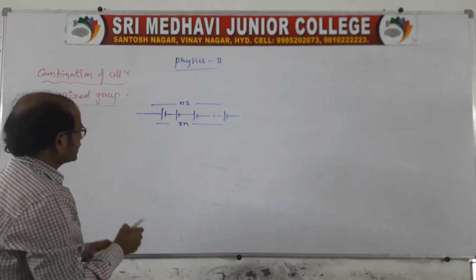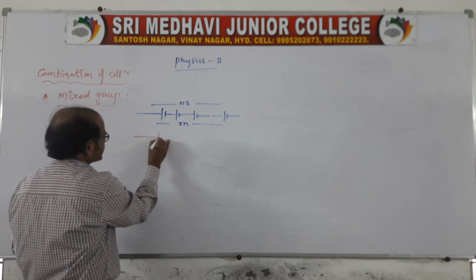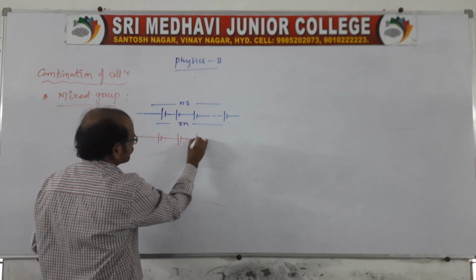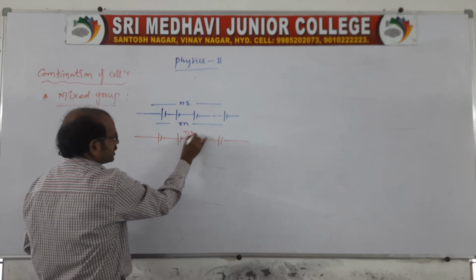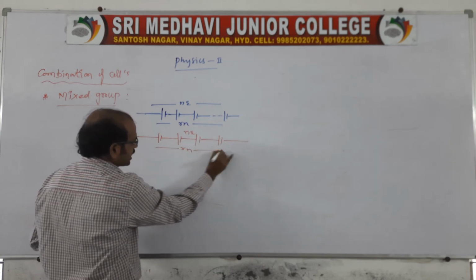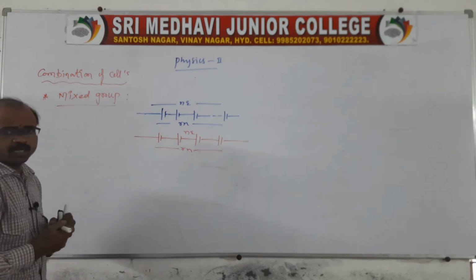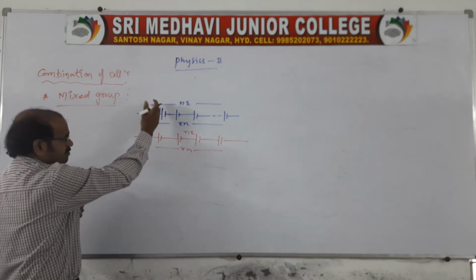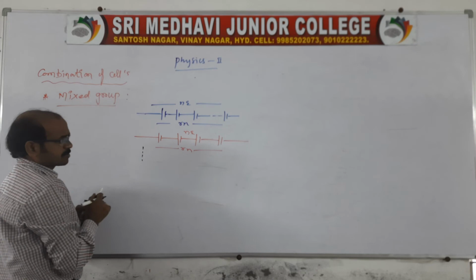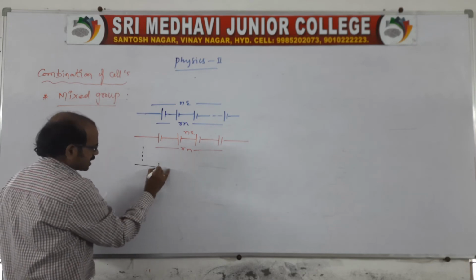Like this, you take another set, and again one more set. Again you write here the same: EMF will be nE and internal resistance will be nr. Like this, you take a number of series combination sets, up to the last one.